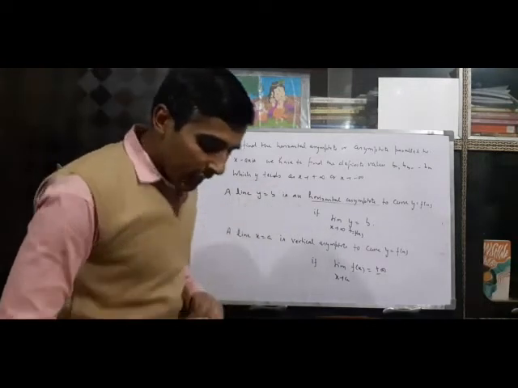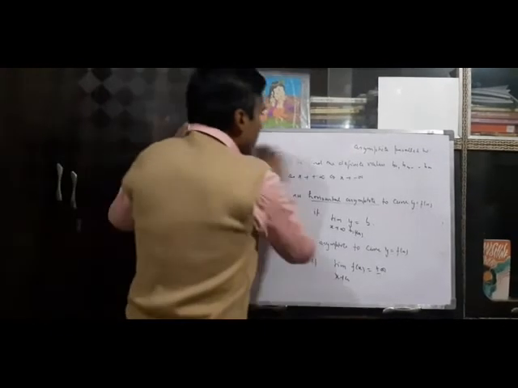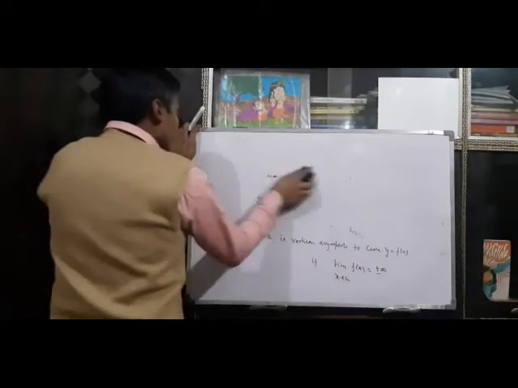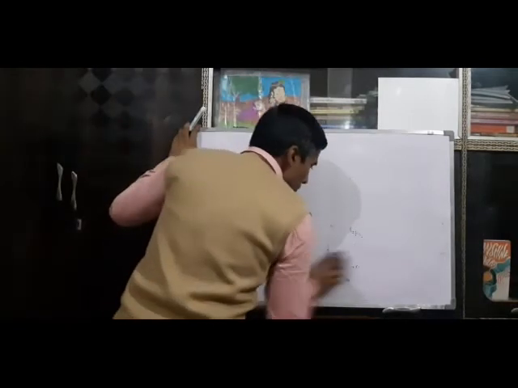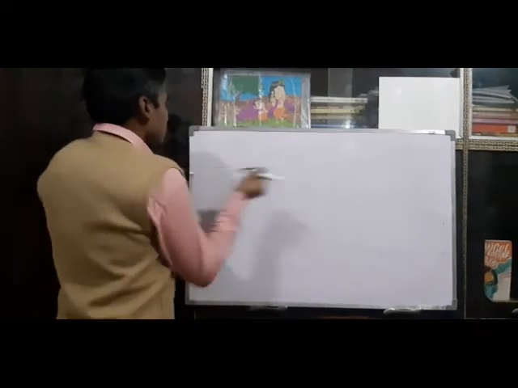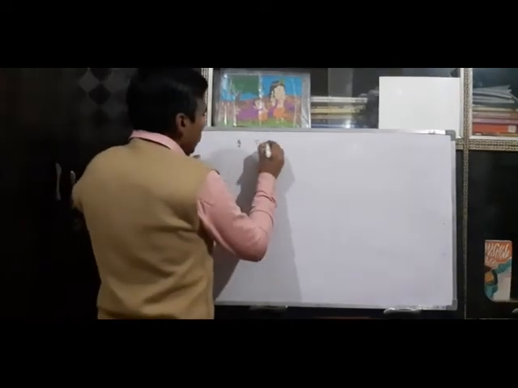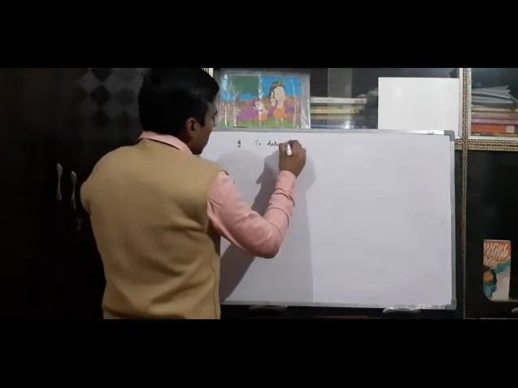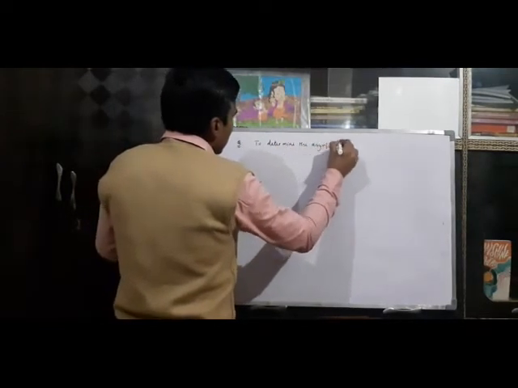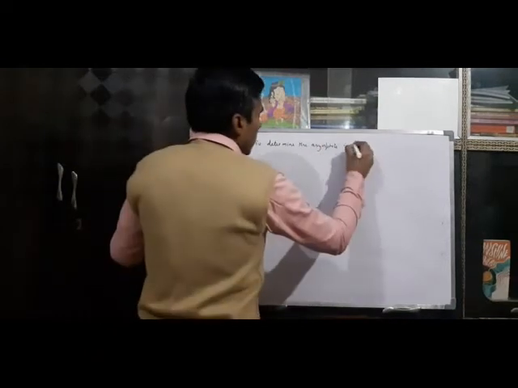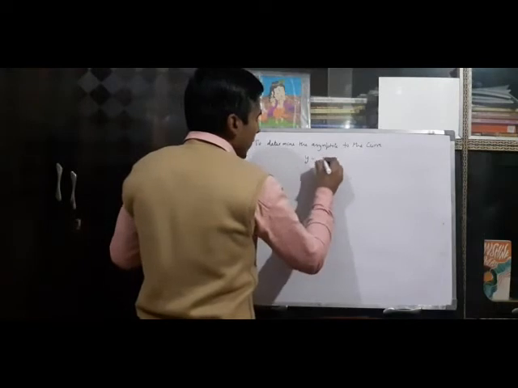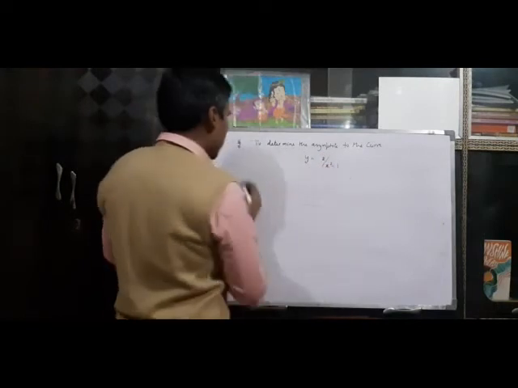Now we consider an example and try to find the asymptotes to the given curve. The question is to determine the asymptotes to the curve y equal to x upon x square minus 1.